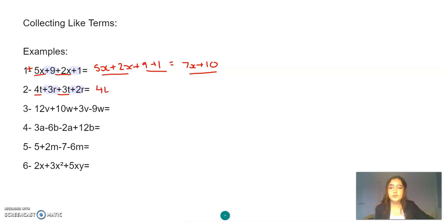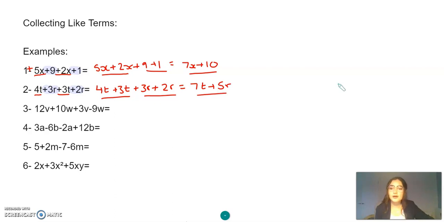We have 4t plus 3t plus 3r plus 2r. So 4t plus 3t gives us 7t. 3r plus 2r gives us 5r. And that's our simplified form.